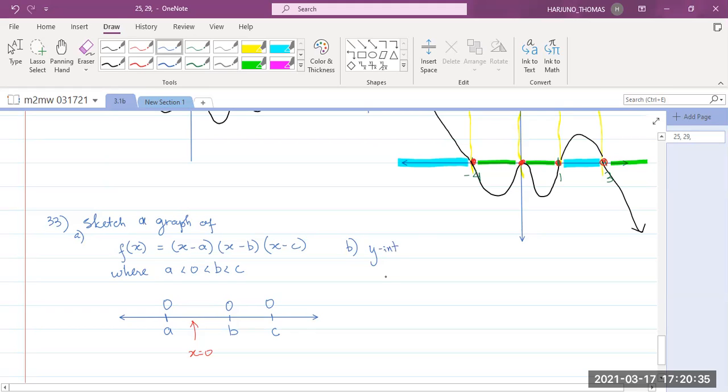Okay, what it says, f(0) equals negative a times negative b times negative c. That's negative abc. Now, my question to you is: is negative abc a positive or negative number?